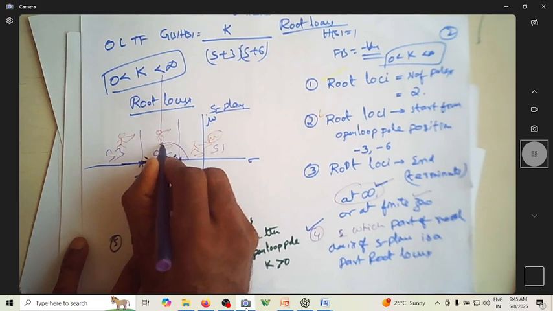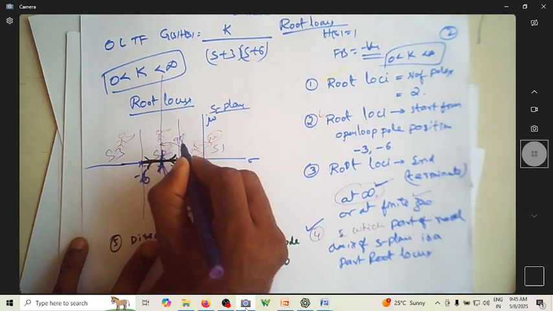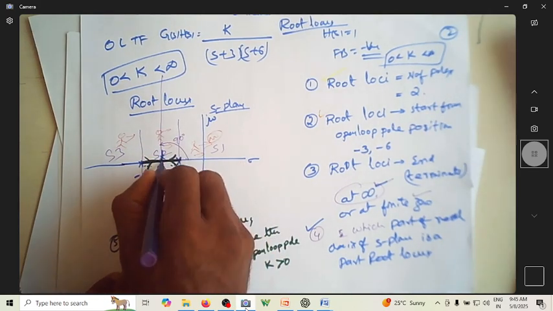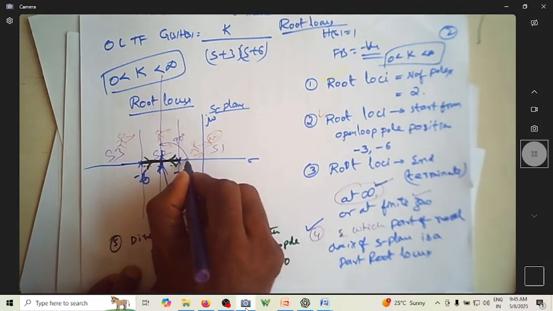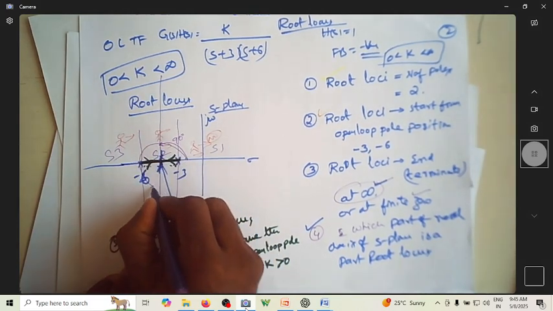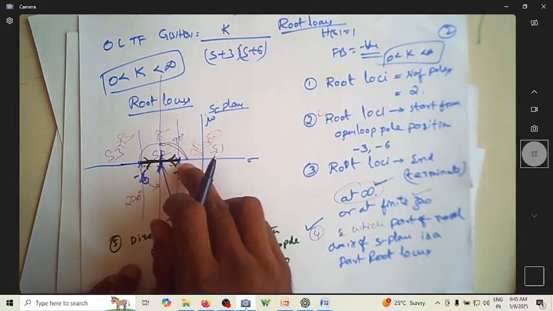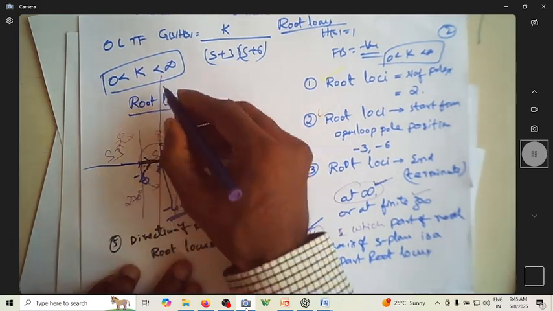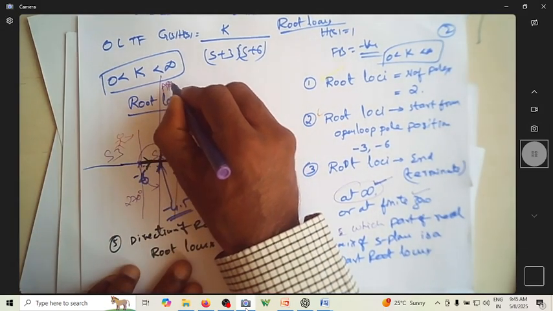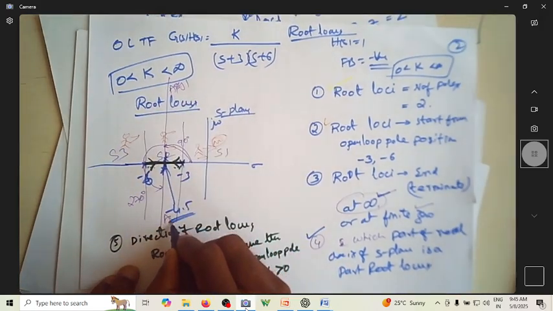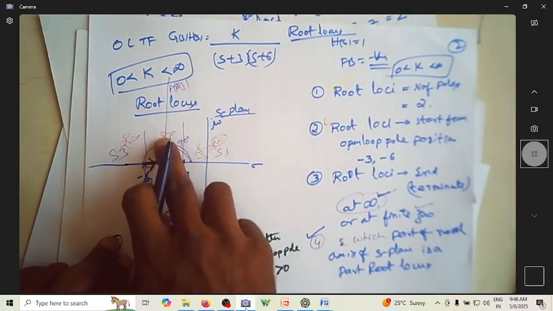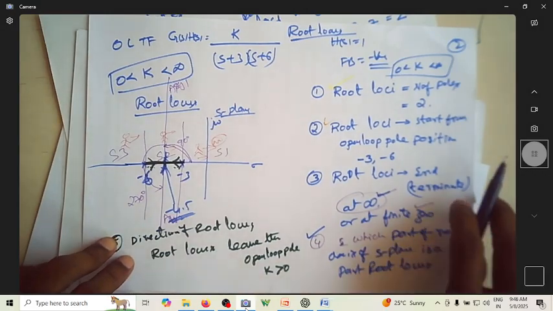From here you measure the angle, it is 90 degrees, and one more is exactly beneath that. If you measure this angle from here to here, it is 270 degrees. So this is asymptote number 1, this is asymptote number 2. These two are the references for how it goes.